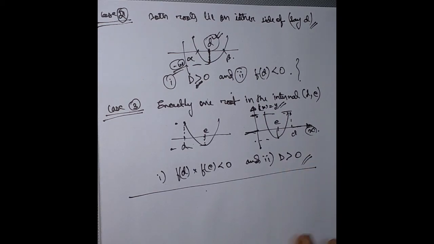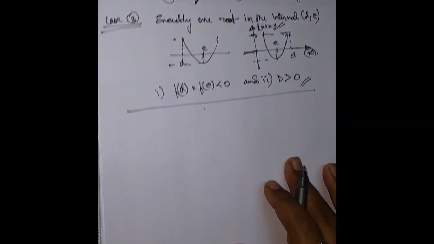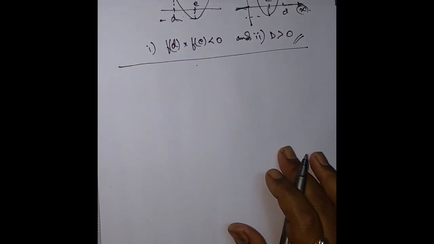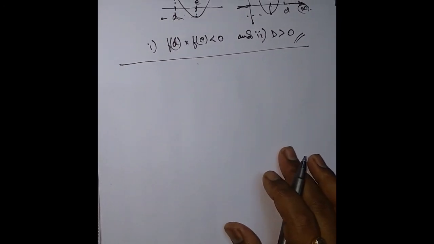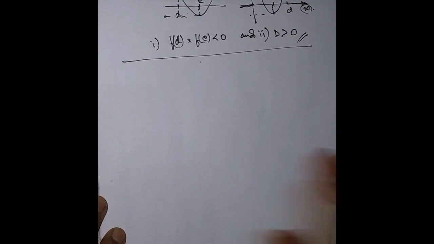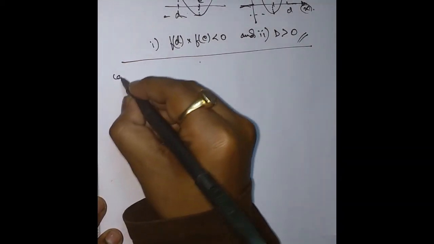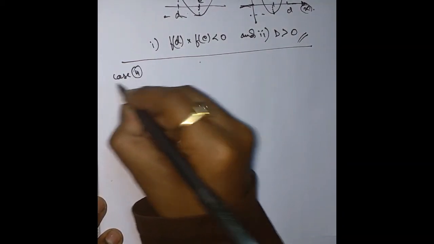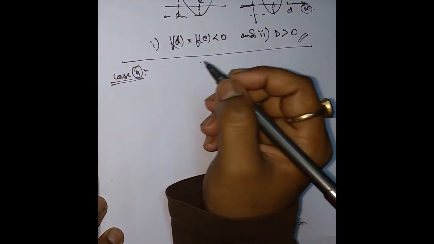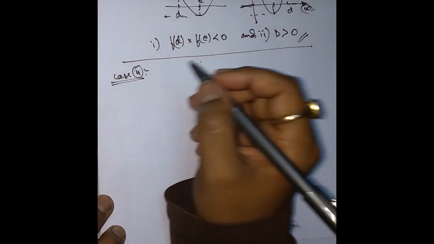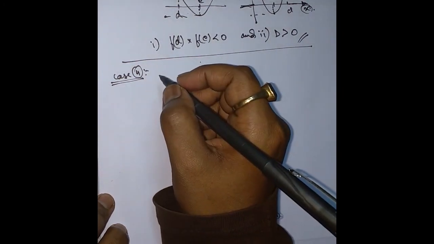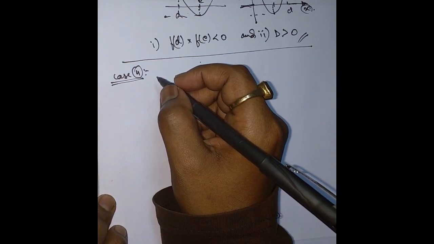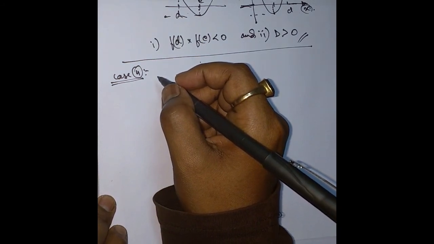There is case 4, which is not likely to be found in question papers nowadays. It used to come in my time. Case 4 is a very rare case, and you can follow it or not, that's up to you, but I am giving it for the sake of completeness.